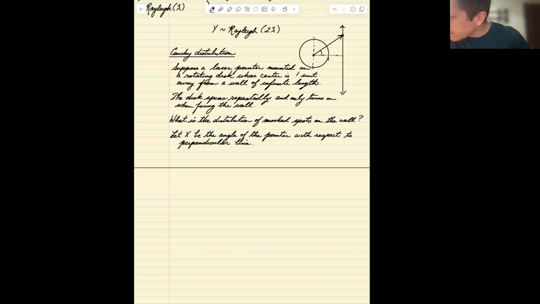Okay, so this is X. And we're going to note that that angle is uniform. Right? And Y is going to be the point on the wall.